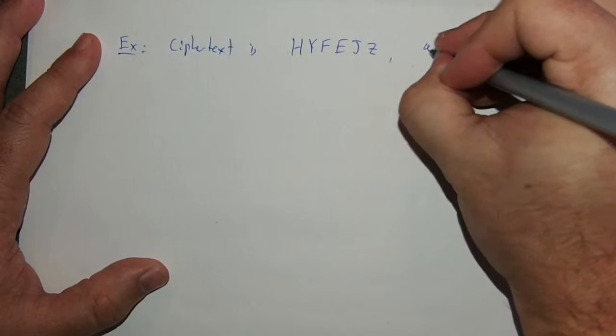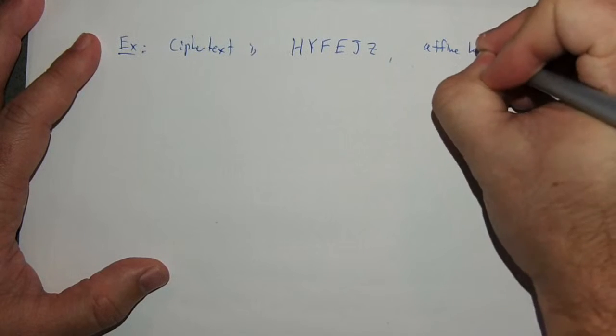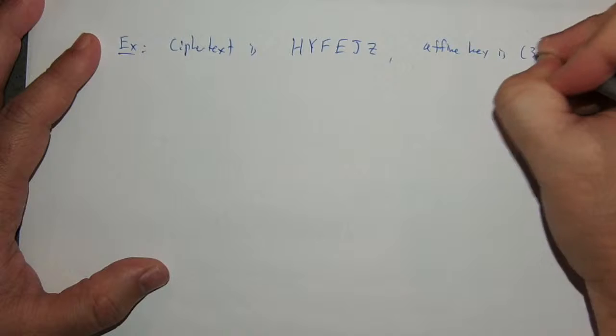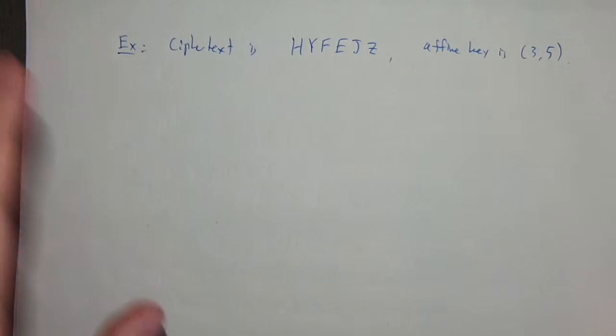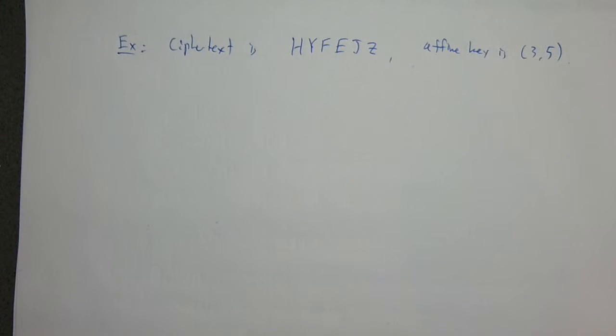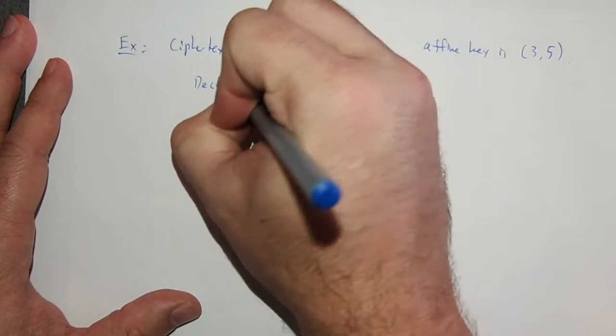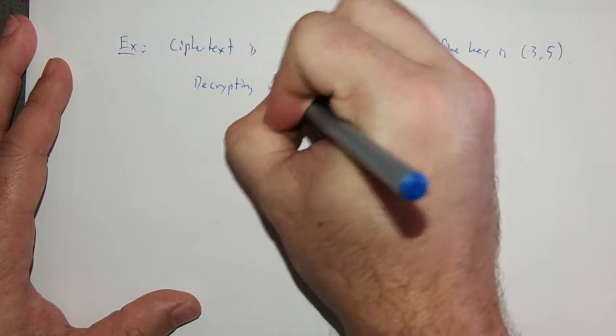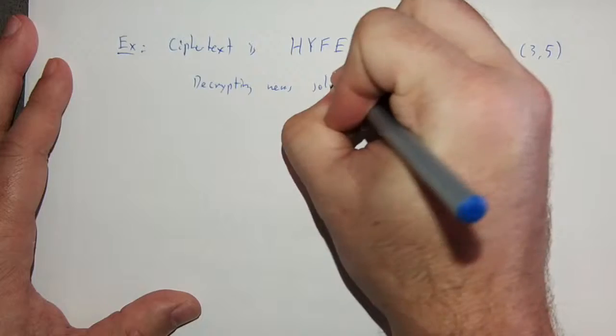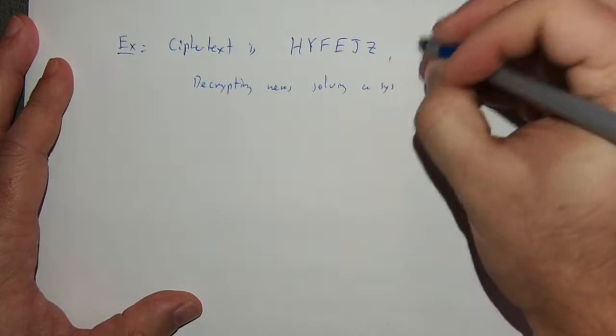Affine key is 3, 5. So decrypting means what? Decrypting means solving a system of congruences.